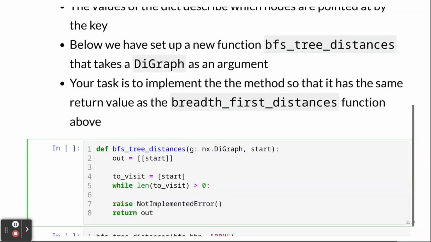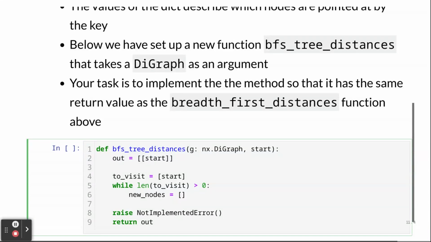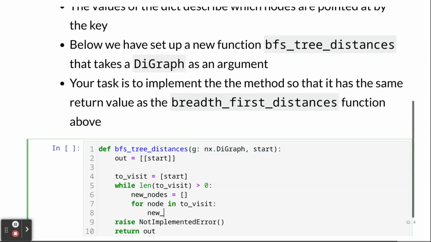let's say new nodes is this list, and for node in to visit, we want to grab our new nodes list and extend it with all of the nodes that can be reached through our adjacency object from the node we're currently visiting.